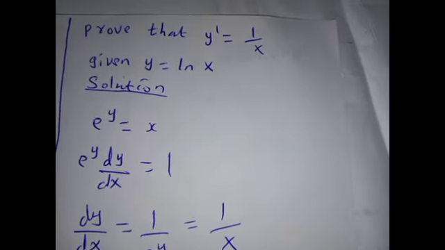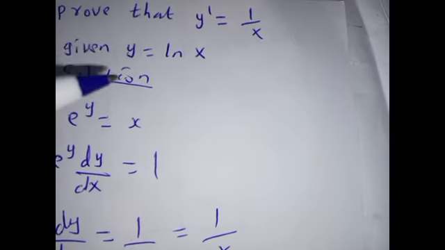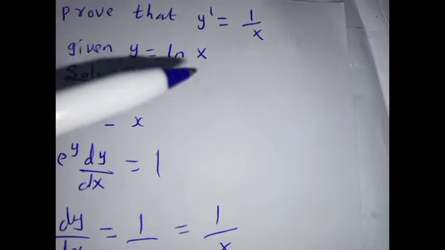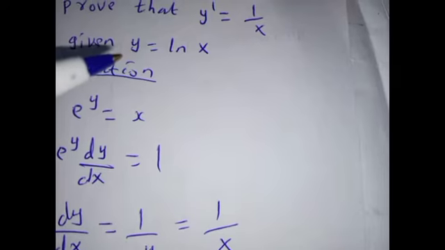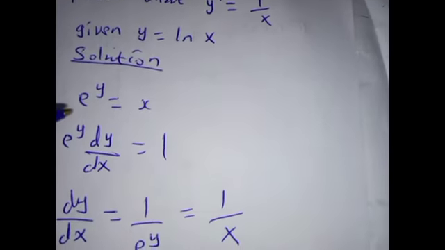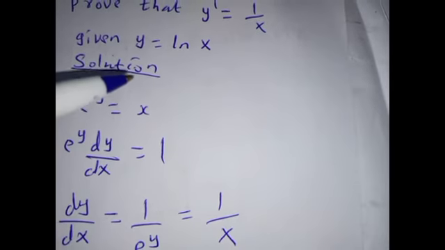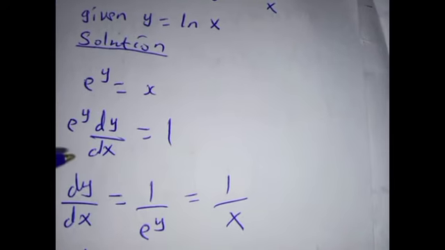We have a simple example here to prove that y differentiated is equal to 1 over x when you are given y is equal to natural logarithm of x. To do that, you introduce exponential on both the left hand side and the right hand side. So exponential y is equal to exponential natural logarithm of x, which is x. Then you differentiate this function implicitly.